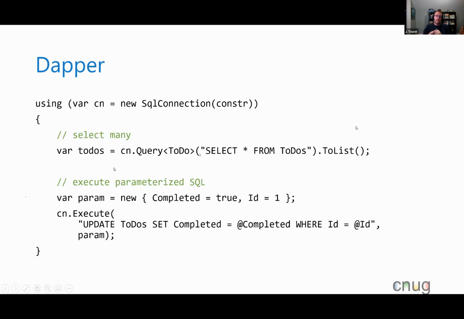I can also execute parameterized SQL. I really like this syntax from Dapper. So if I have a command like this update statement where I'm updating all my to-dos to set completed to some value, where the ID is some value, I can then pass in those parameters as a dynamic untyped object like this, and it's going to match it up by type and property name automatically to my parameters in my SQL query.